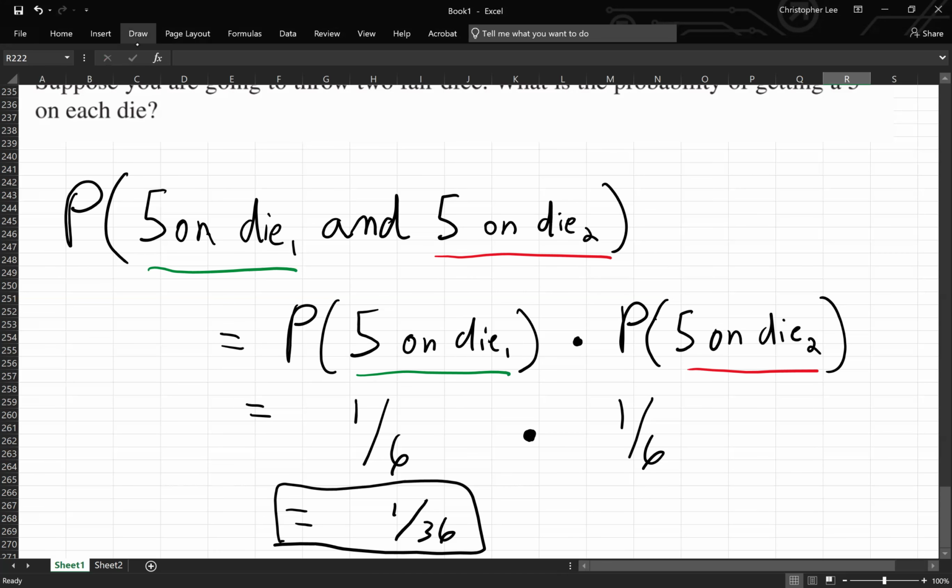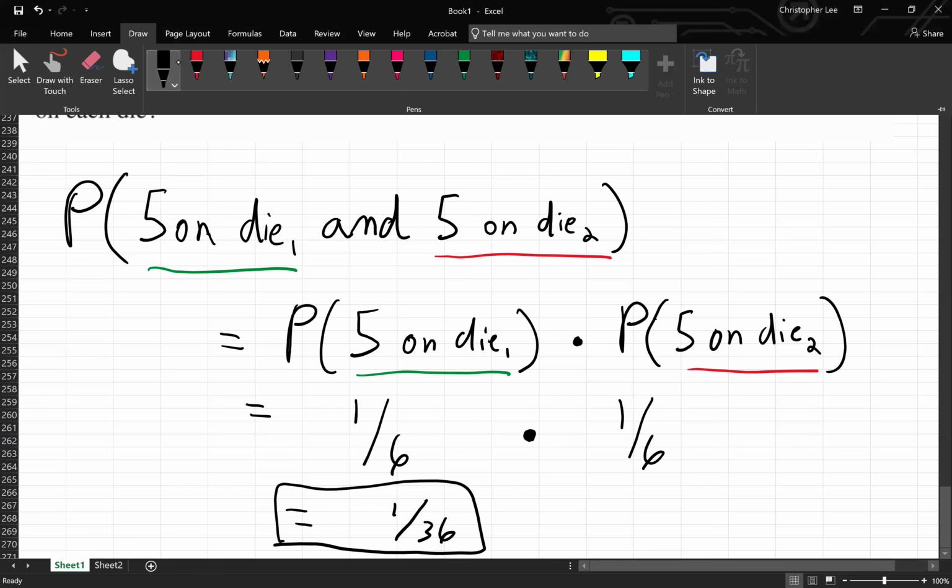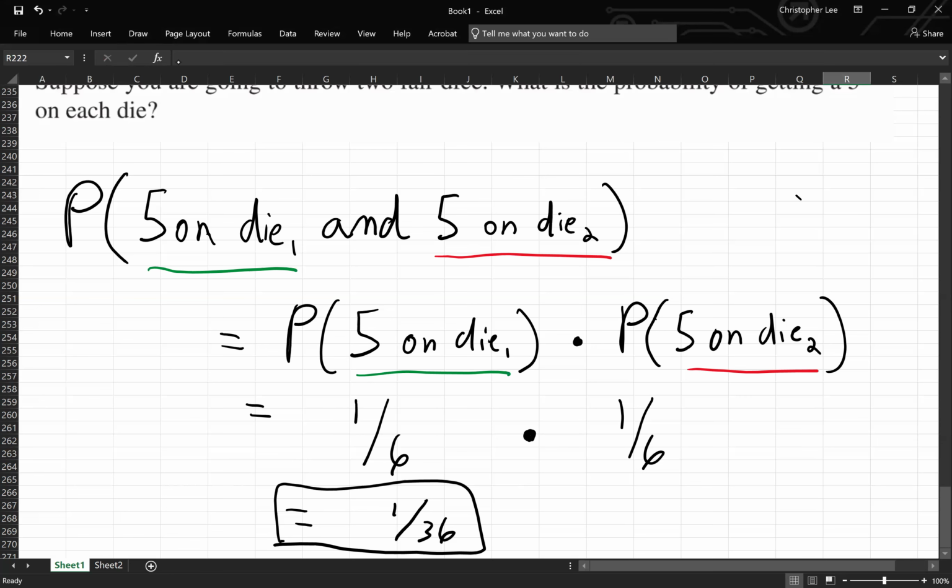So we write probabilities just like this. See, this is my procedure: formula, plug in the numbers, answer.